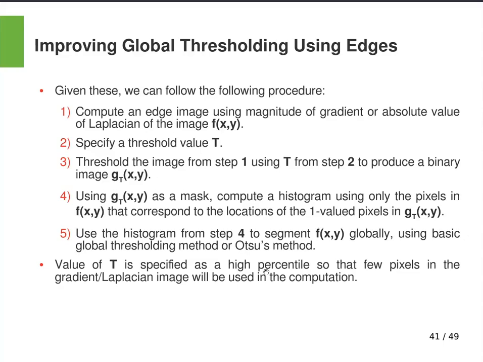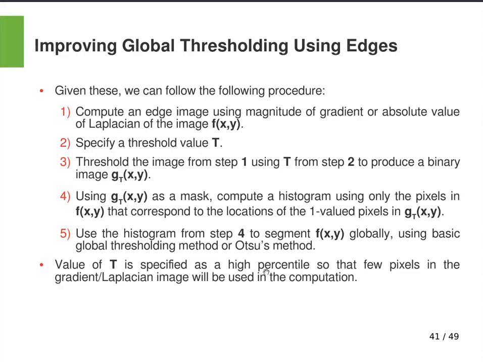We specify a threshold value T, and then we threshold the gradient image, the edge image from step 1, using this threshold to produce a binary image g_T(x,y). Using g_T(x,y) as a mask, we compute the histogram using only the pixels in the original image that correspond to the locations of g_T(x,y) that have values of 1. So basically, only pixels that are on or near edges are being considered to calculate the histogram.